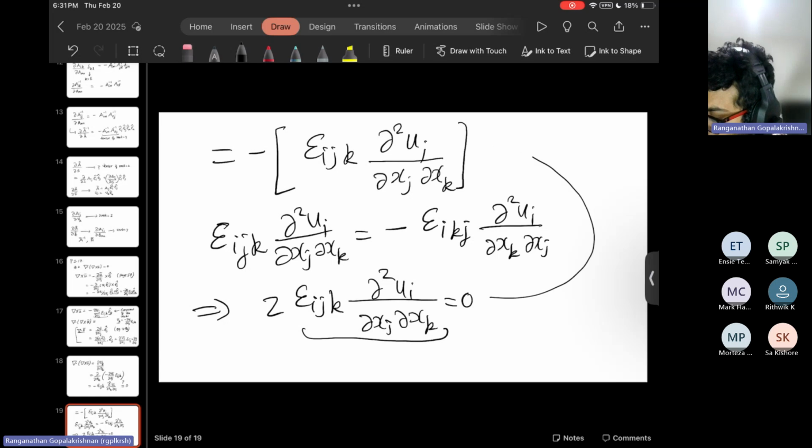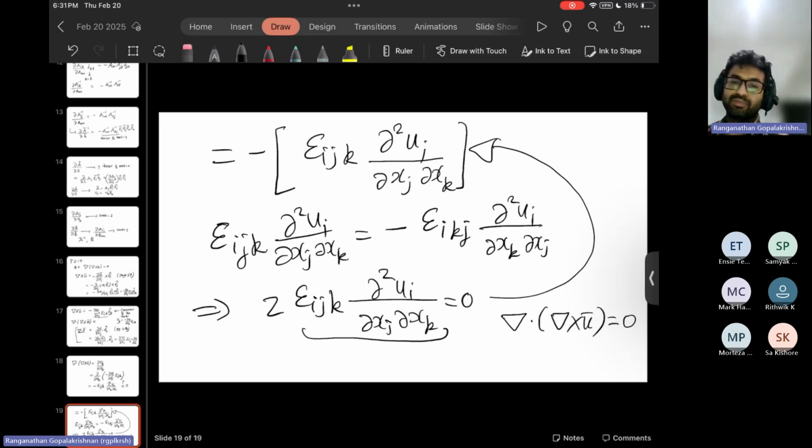So if this is 0, then we have proved that the divergence of the curl of a vector is always 0.